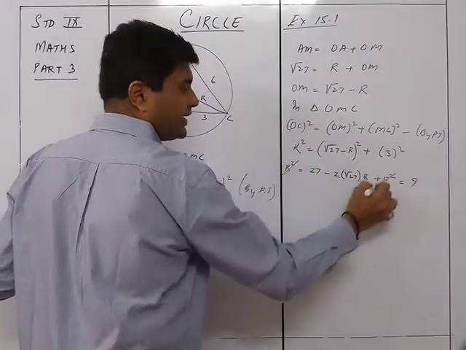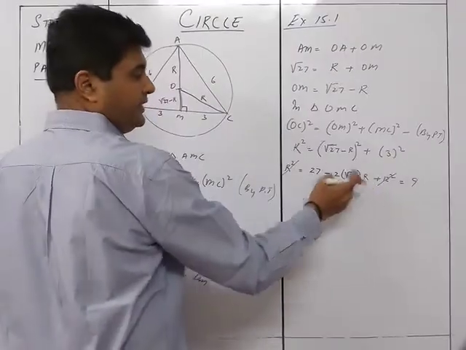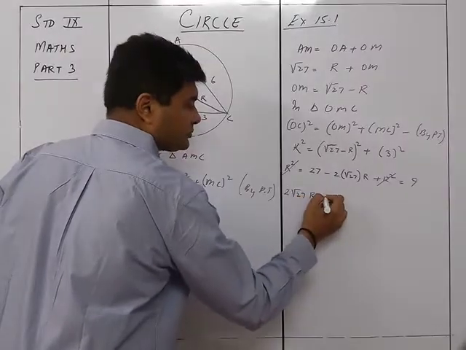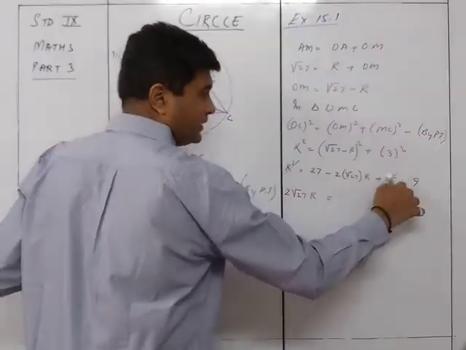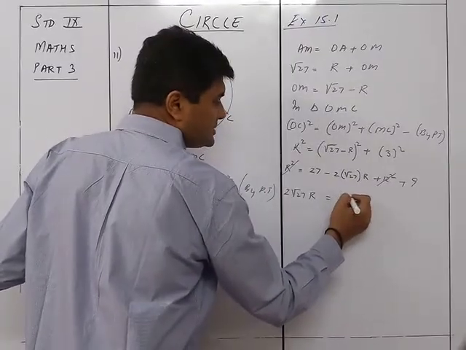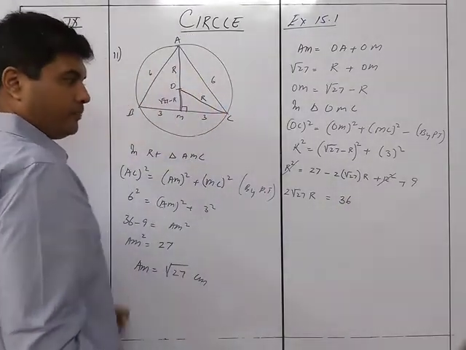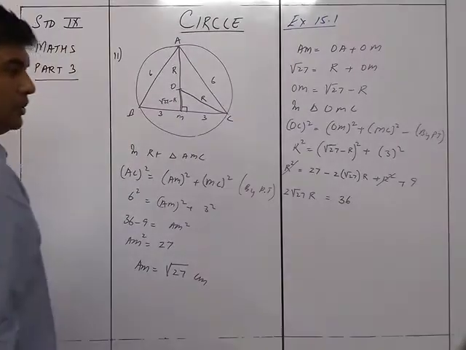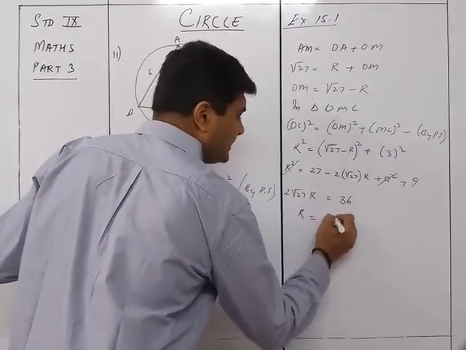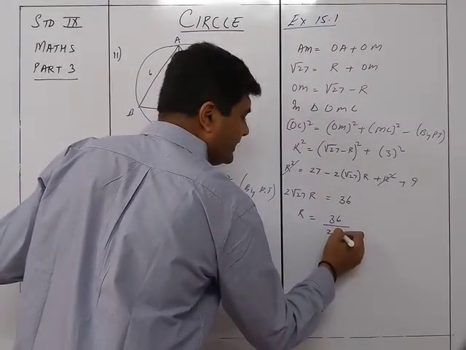This R square and R square get cancelled. Bringing this over here, it will be 2 root 27 R is equal to 27 plus 9, so that is 36. So R is equal to 36 upon 2 root 27.